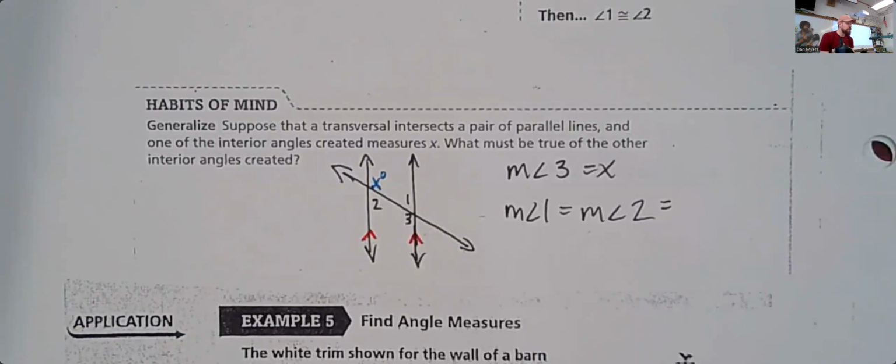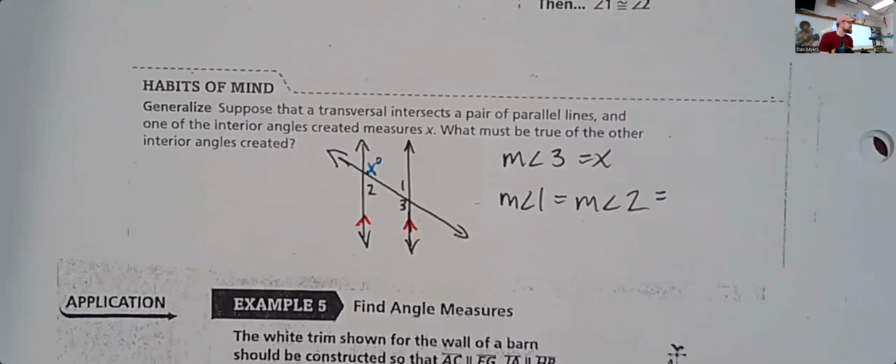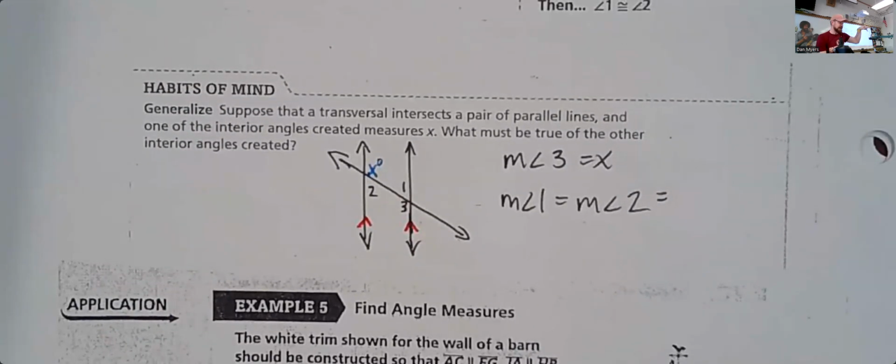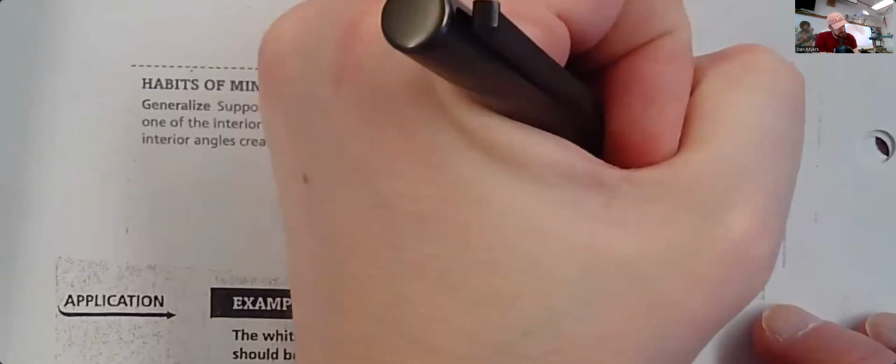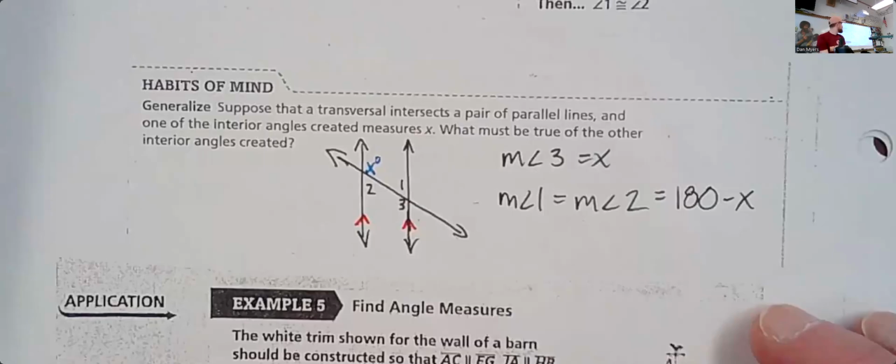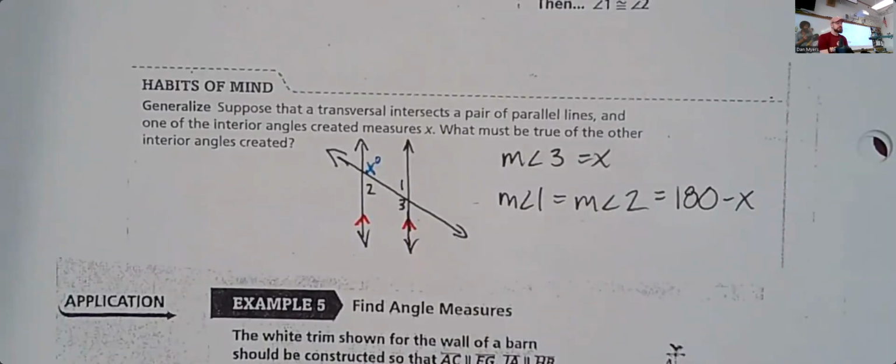It's either x or what? 180 minus x, yeah. There you go. No matter what, one of the angles is something and the other is 180 minus that something. So if it's x for one of the angles, the other one's going to be 180 minus x.